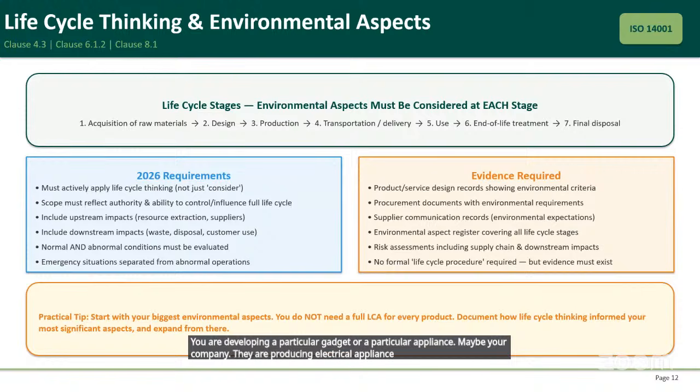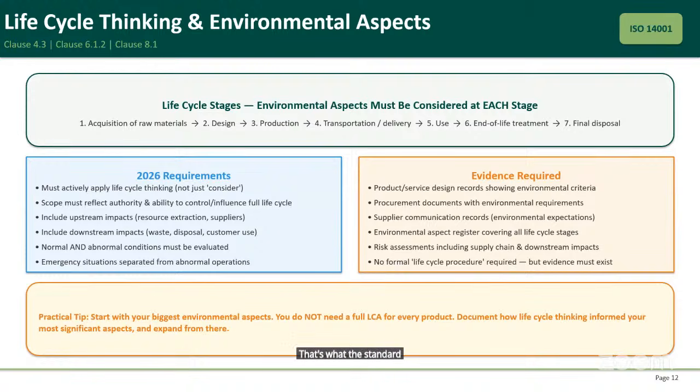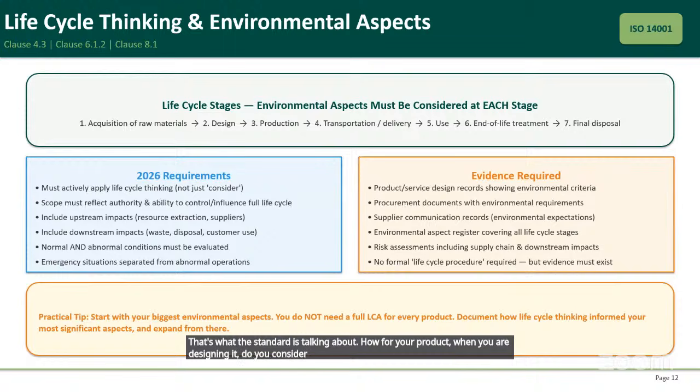Did they consider environmental criteria in how people can use it with lesser energy? That's what the standard is talking about. For your product, when you are designing it, do you consider, let us make this particular product more environmentally compliant, or even your services? When we are delivering our services, let us do something that is more environmentally sustainable.